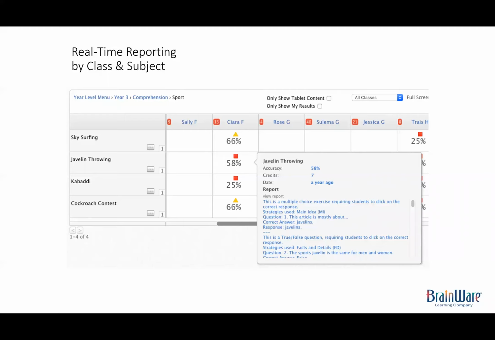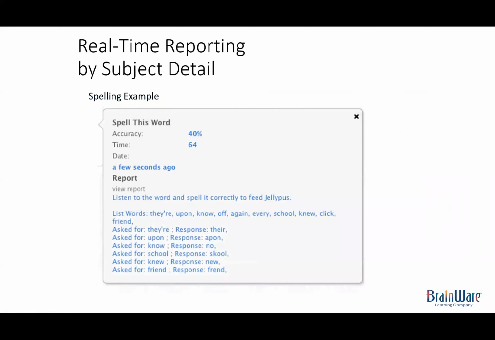If we drill down now to comprehension, we'll see the various comprehension activities that the student has been working in. And we can drill all the way down to the specific answers that they've given. So we're looking now at a report for a comprehension activity completed by Clara. And we can see her actual answers. She gave the correct answer. It's about javelins, a true-false question. We can go through each of those questions and see exactly what she got correct and what she got wrong. So we get really tangible evidence.